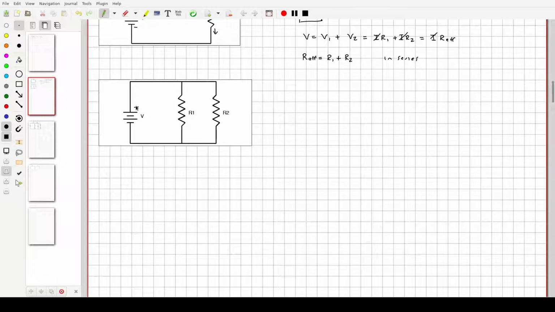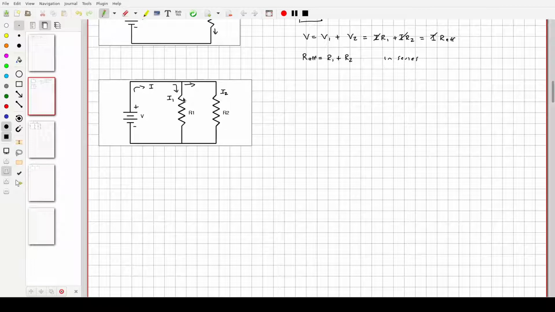So here, if you think about this as being the positive side and this being the negative side, when your current starts from the battery and begins to flow this way, some of it's going to go this way and some of it's going to go this way. So I'm going to call the part that goes down here, since it's going through R1, I1. And the part here that's going through R2, I'm going to call I2.